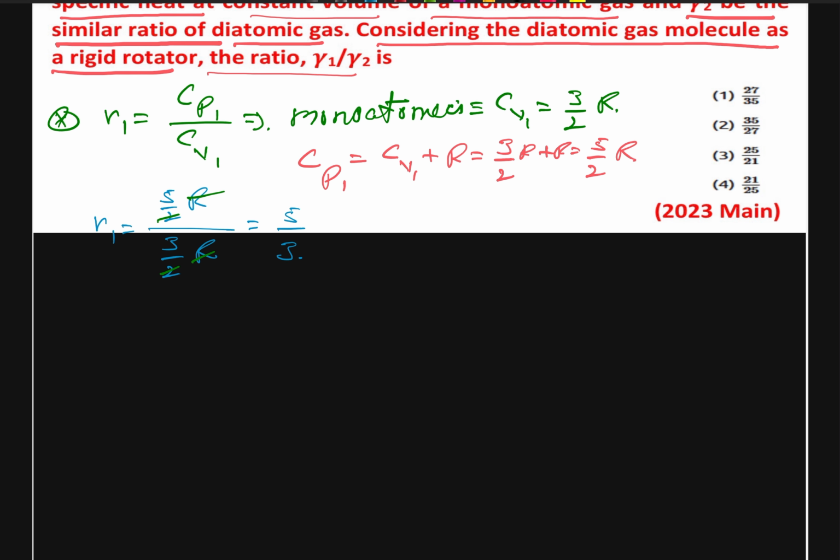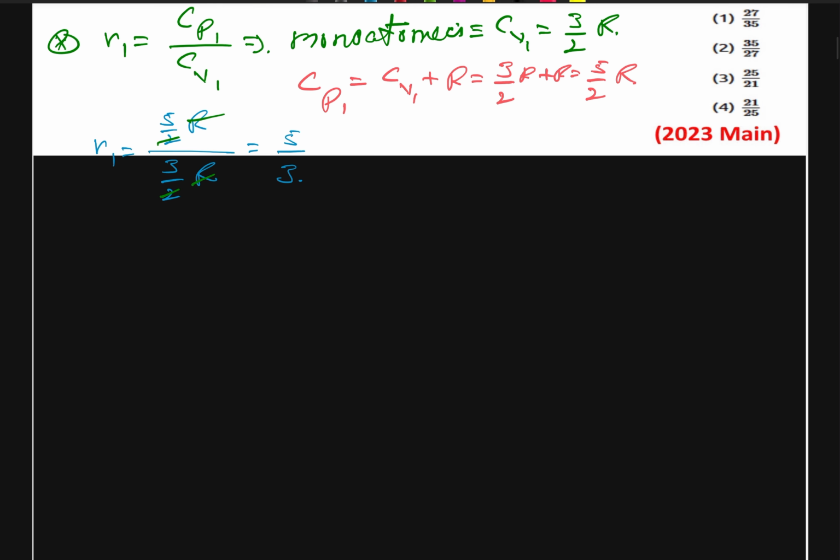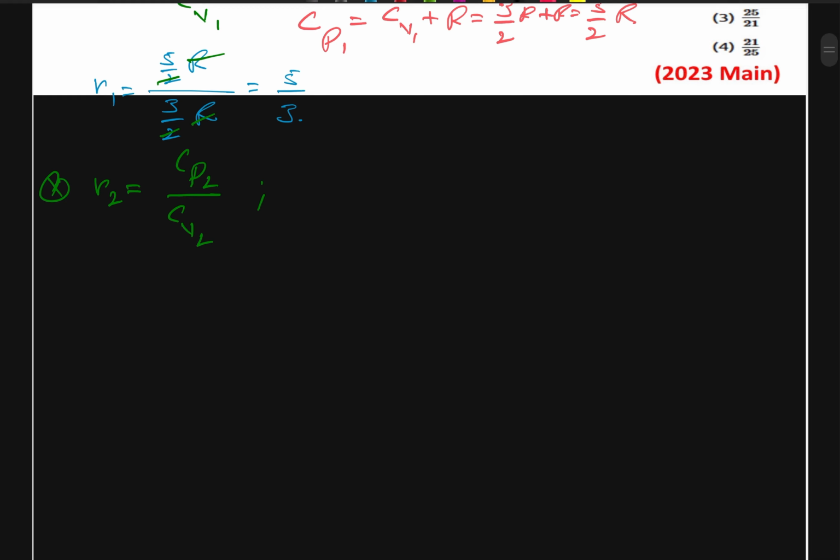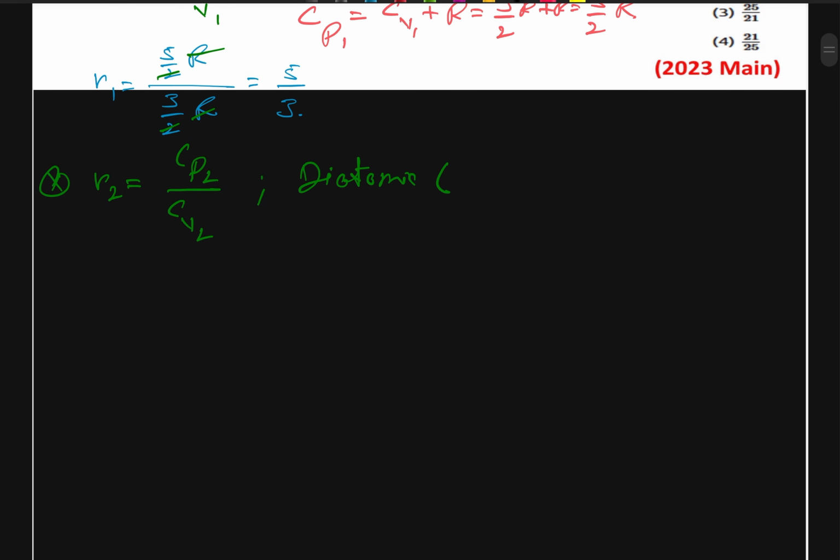Similarly, we are going to write for our diatomic, which is gamma 2. So gamma 2 will be equal to Cp of 2 upon Cv of 2. It is said that we have a diatomic gas, but the condition is given that it is a rigid rotator.